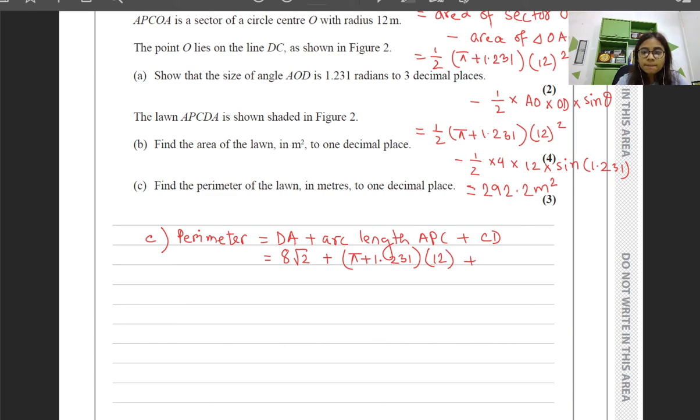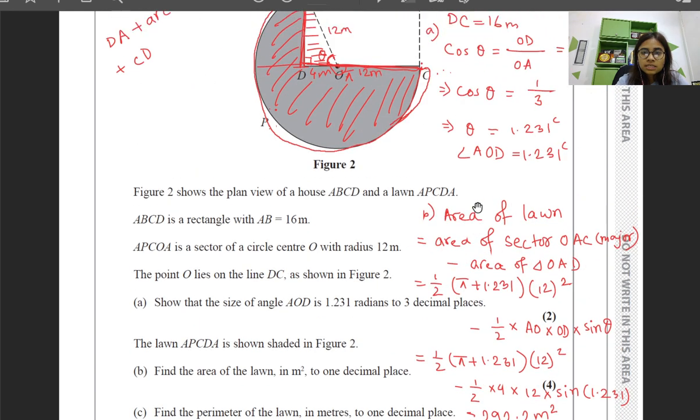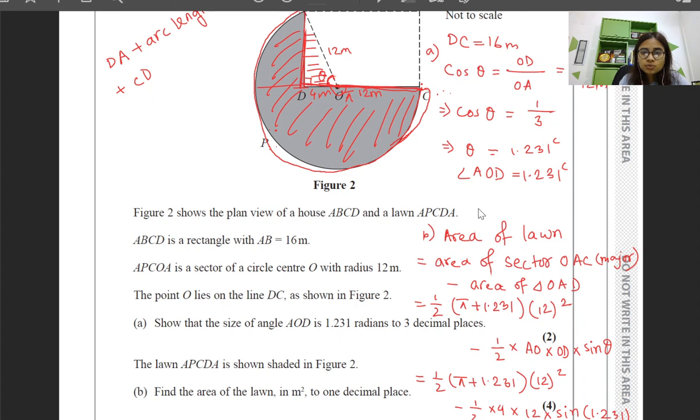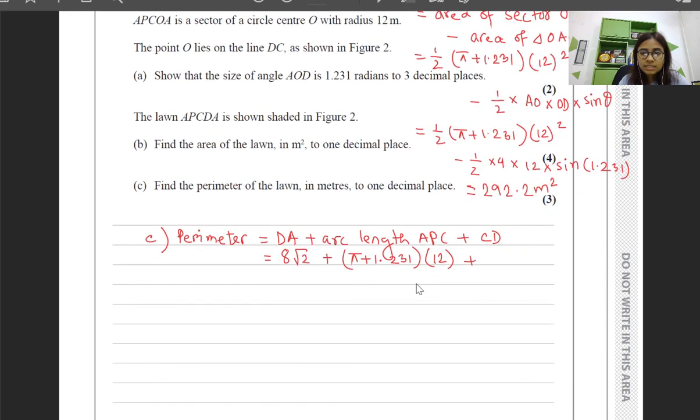And for CD, we know that CD is equal to CO plus OD. CO is 12 and OD is 4. So CD is 16 meter. If we sum this up, we get 79.8 meter. So this is the answer.